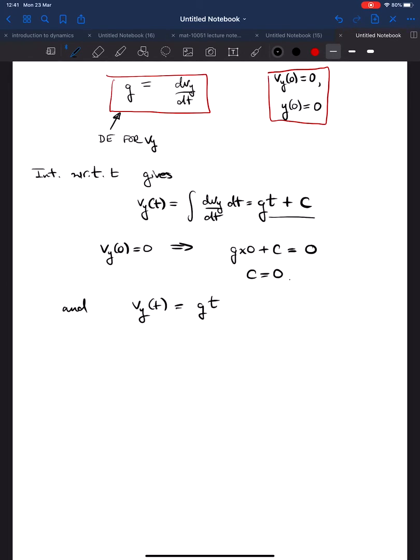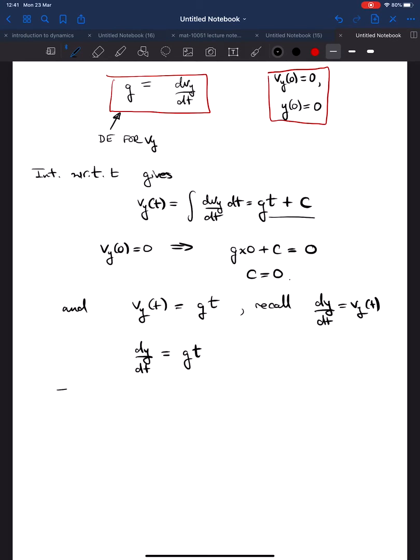And Vy of t is therefore gt. Next, recall that dy by dt gives us Vy of t. So what have we got? Well, we have dy by dt equals gt. This all looks probably very similar to what we went through before.